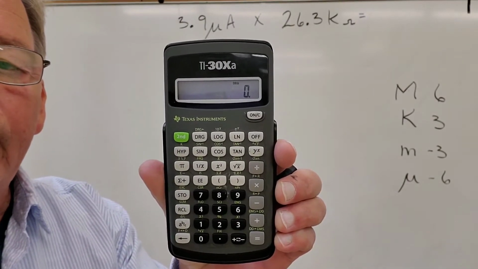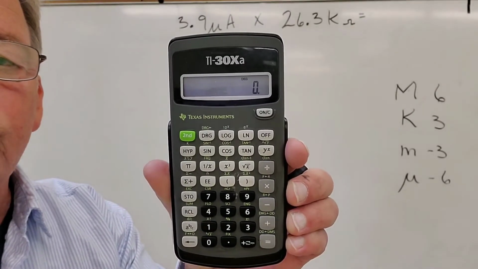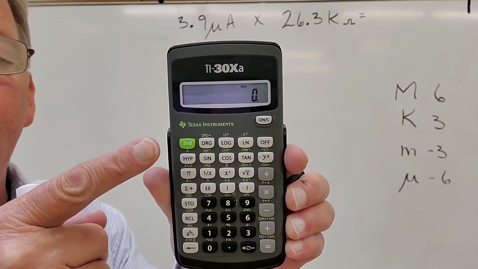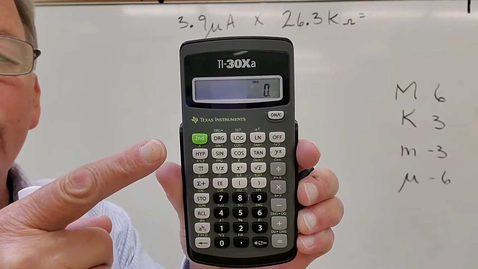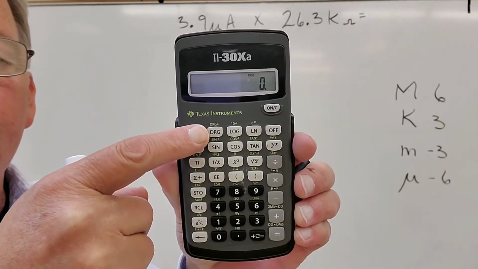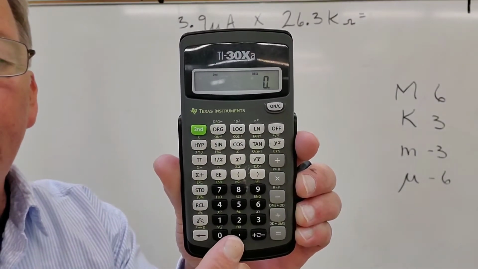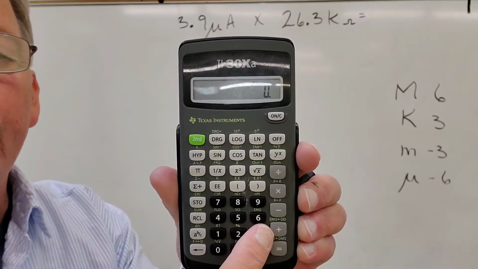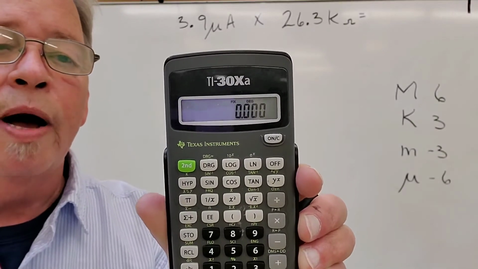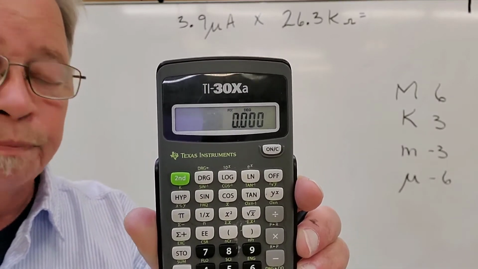Written above the key is what they call the second function. So to access that second function, I have to hit that green second key first. So if I want to fix my decimal place 3 places, I'm going to hit my second, I'm going to hit my fix, then I'm going to hit my 3 key. Now notice I've got 3 zeros behind the decimal point now, okay?